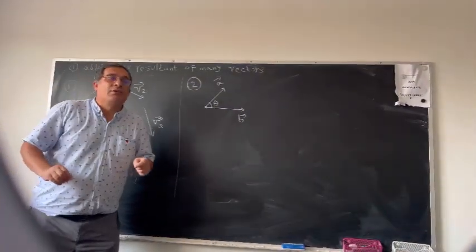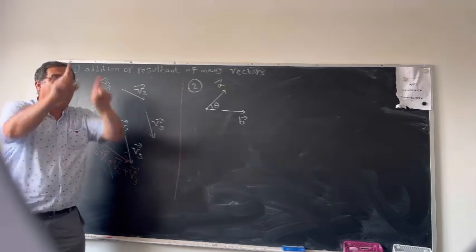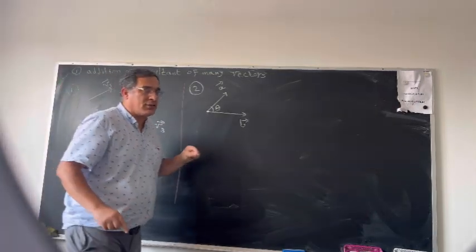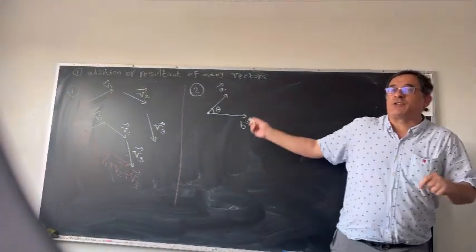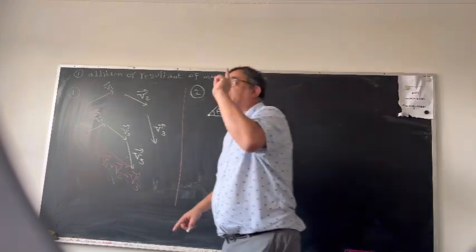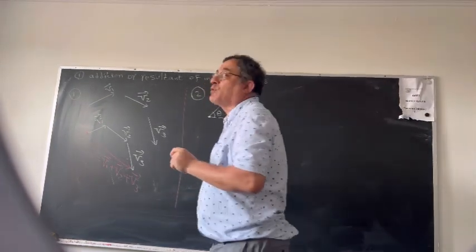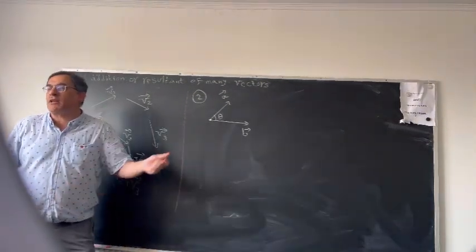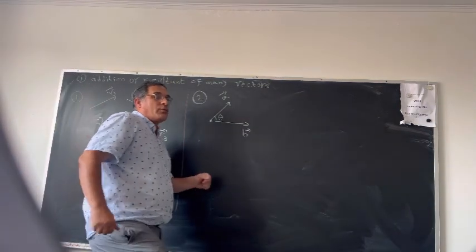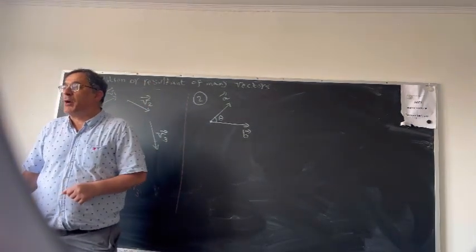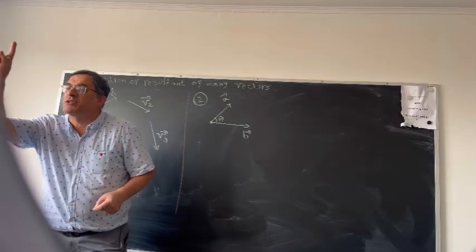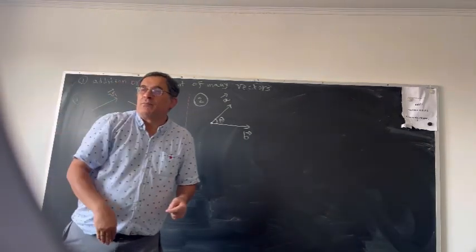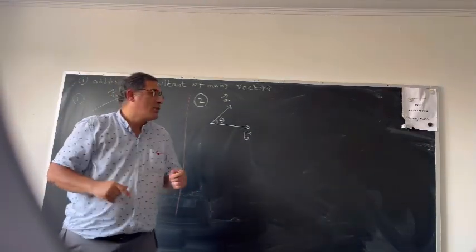You have two vectors that make an angle, and you want to find the addition or resultant. What is your plan? You want to remove the two vectors and, instead, put one single vector that acts like the two vectors. For example, with a soccer ball or basketball, instead of two people applying force on the ball, you put one force that has the same effect on the ball.